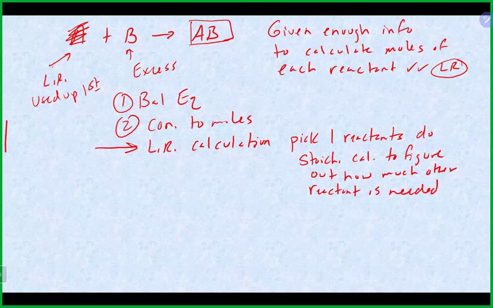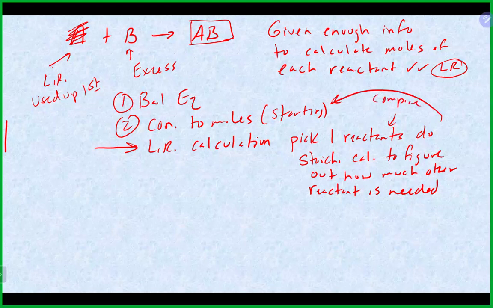So in this case, this is your starting amount here in the second step. You're going to do just a small calculation between the two reactants. And if you want to use up one of the reactants completely, you're going to figure out how much of the other one is needed. And what you're going to do with that is then compare to your starting amounts.